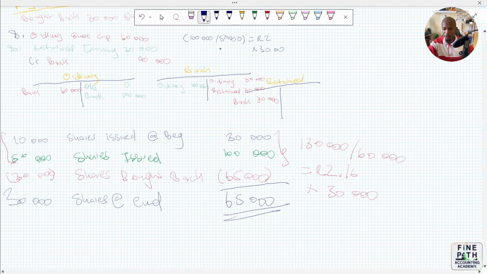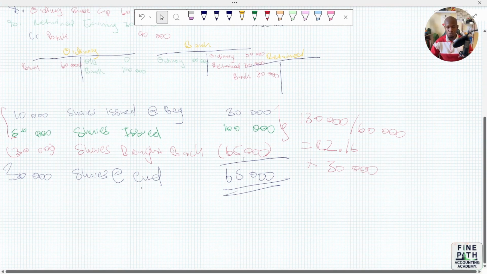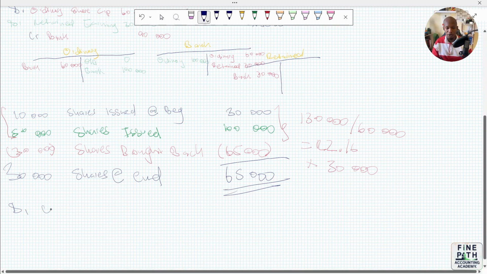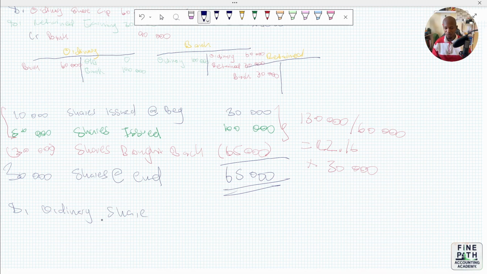So for purposes of completing the journal with this new information, we are going to debit our ordinary share capital first. By how much did we decrease our ordinary share capital? We decreased it by 65,000.